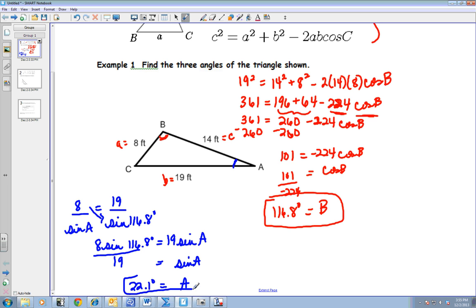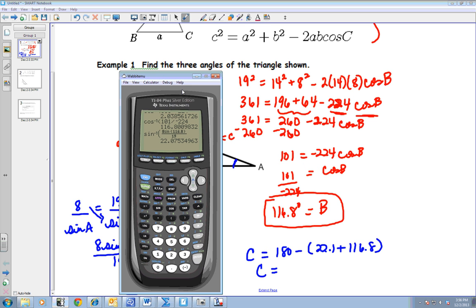That's angle A. Now our third angle is the easiest to find because we know all three angles have to add up to 180. So angle C is going to be 180 minus 22.1 plus 116.8. And when you put that in your calculator, 180 minus 22.1 plus 116.8, angle C is 41.1.